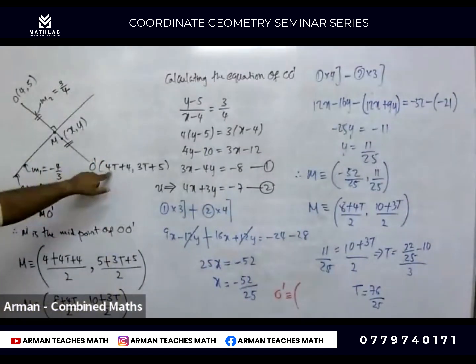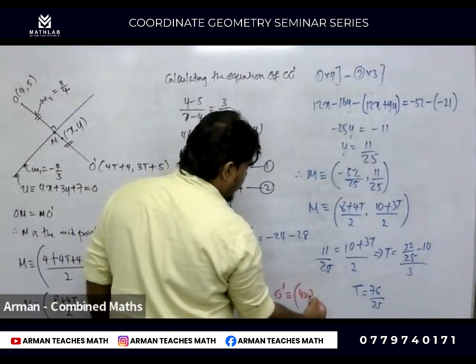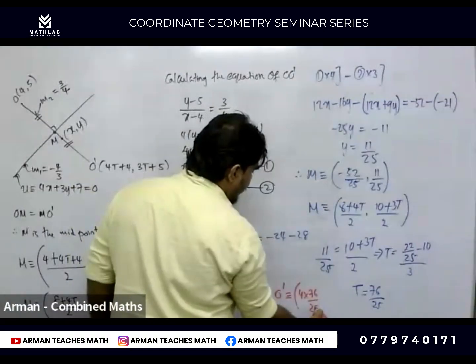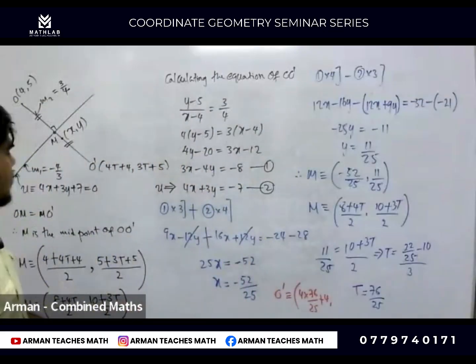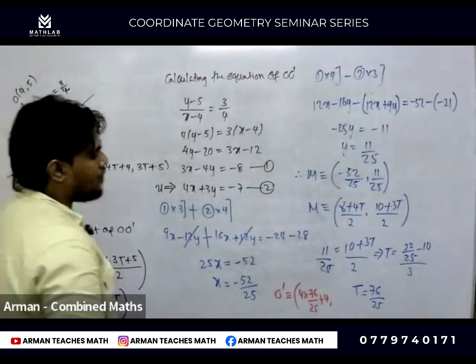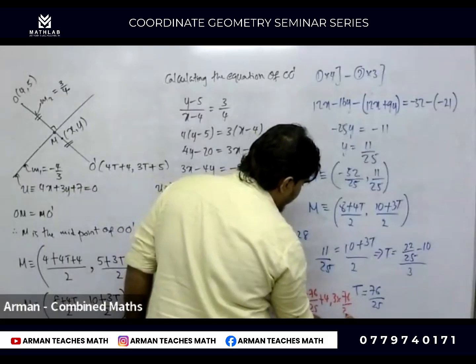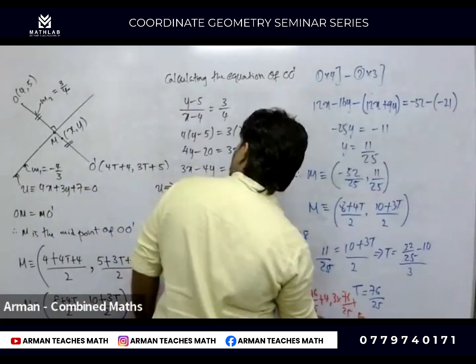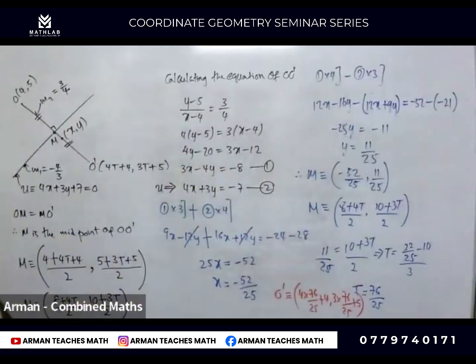So 4t is 76 over 25 plus 4, comma, 3t plus 5, 3 times 76 over 25 plus 5. Simplify and get the coordinates of O dash point.